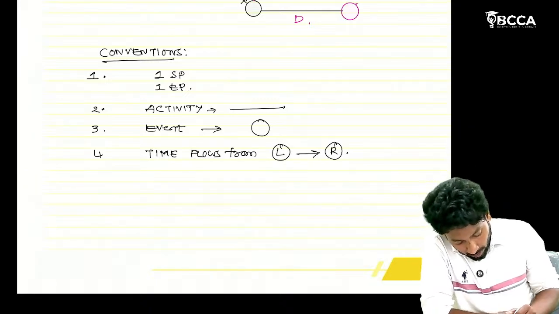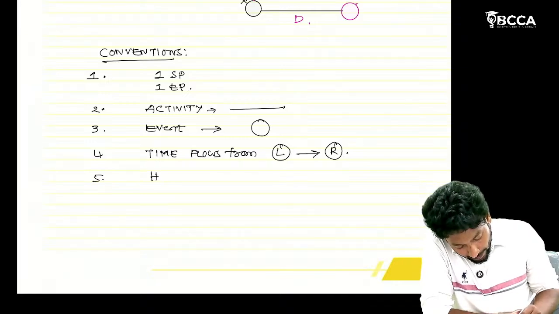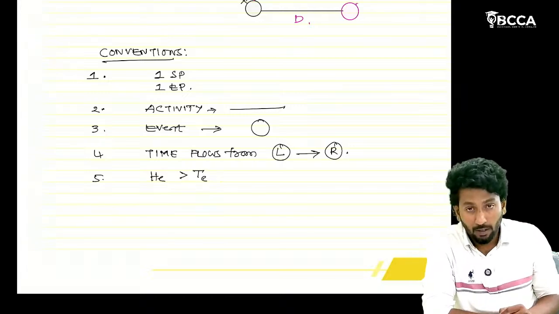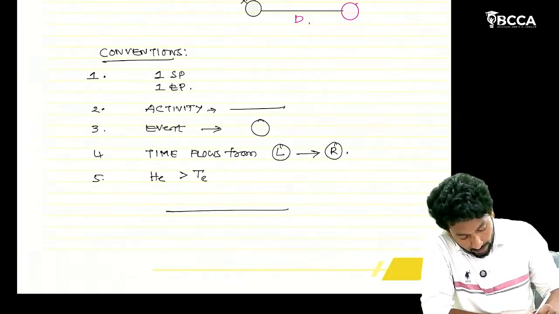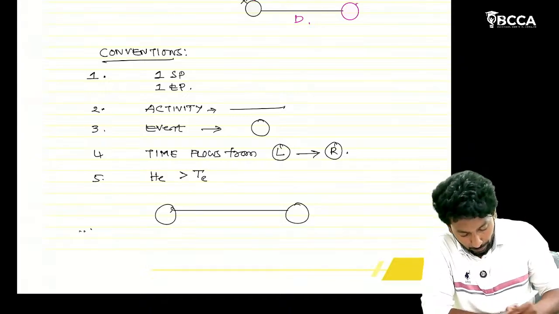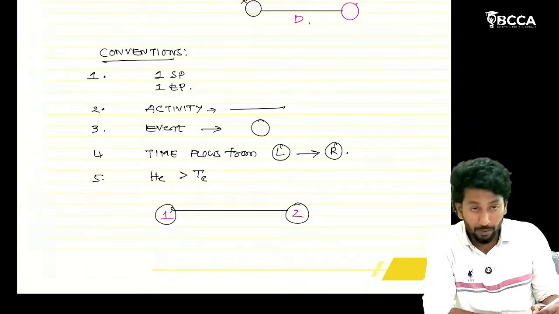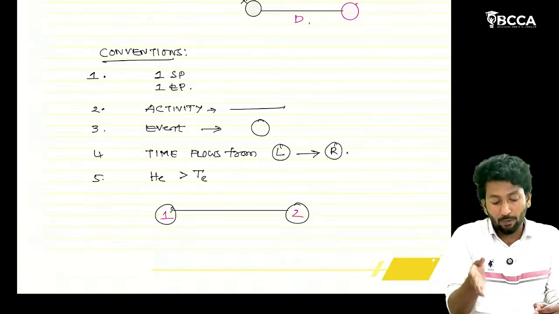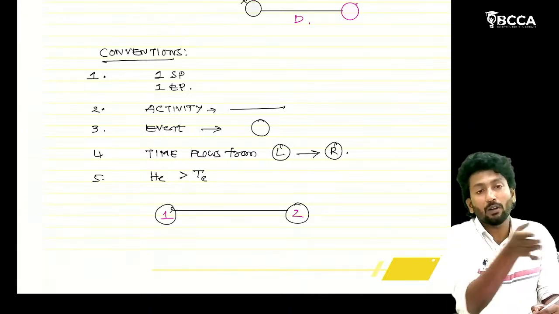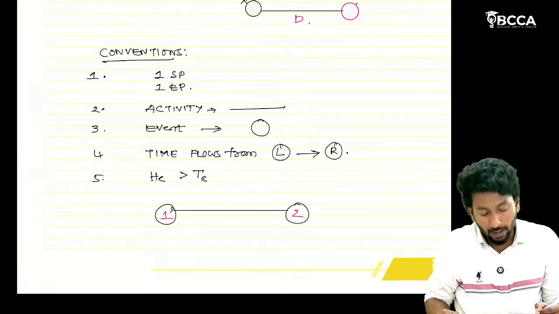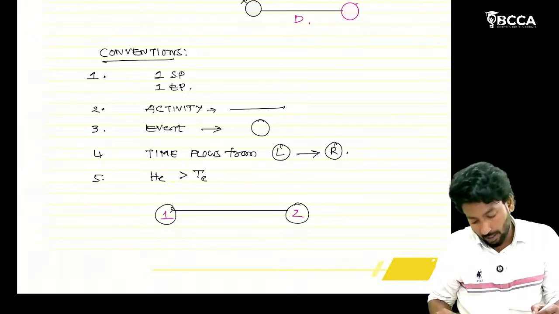Next, the head event number should be greater than the tail event number, sir. Whenever you give event numbers, you should give numbers like this only, 1, 2. Why? Because we are saying time flows from left to right. From left to right only you have to give the numbers, not right to left. Head event number should be greater than tail event number.